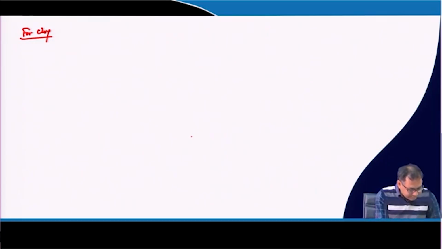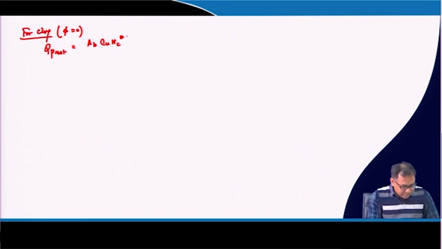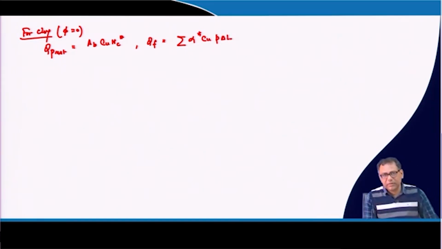So, for the clay where phi is equal to 0, Q P net is equal to A B times C U N C dash, and Q F is equal to again the summation of alpha dash Cu P dl, that we are doing for the pile.